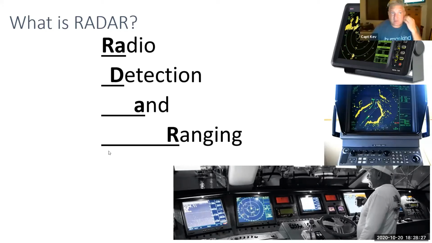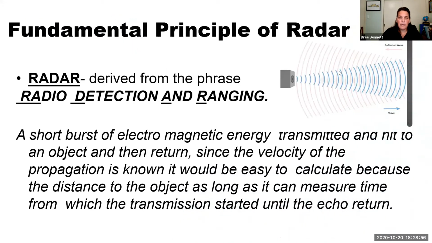Was radio frequency detection like the precursor to radar? Yes, and a radio frequency is what emanates, what we transmit on the radar. It's a very, very fast moving radio frequency. But the basic concept is like an echo.